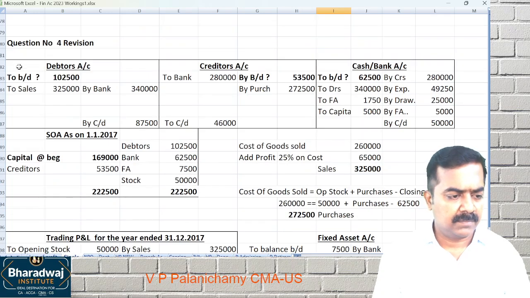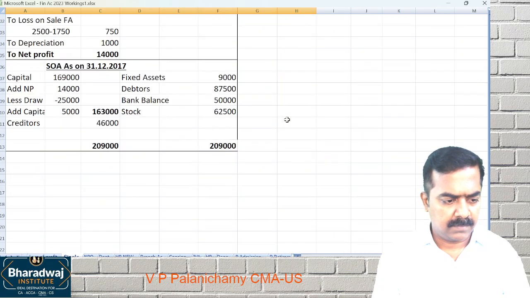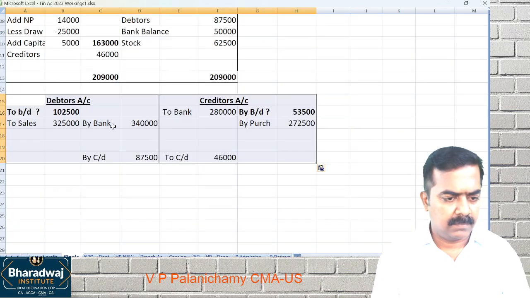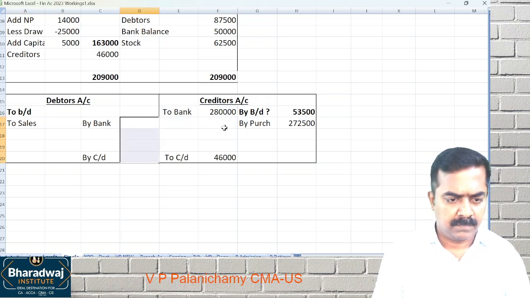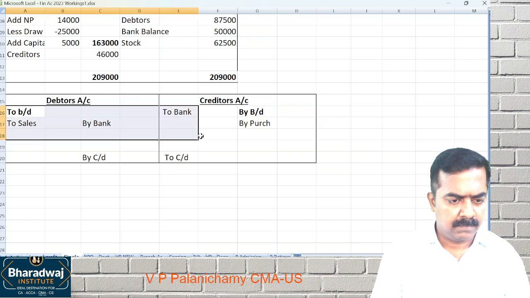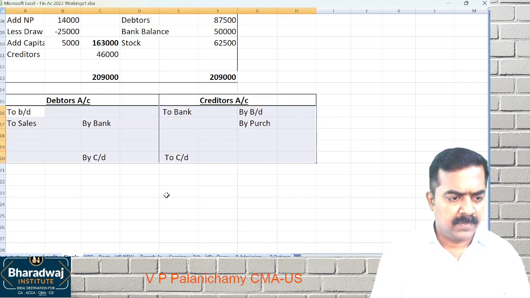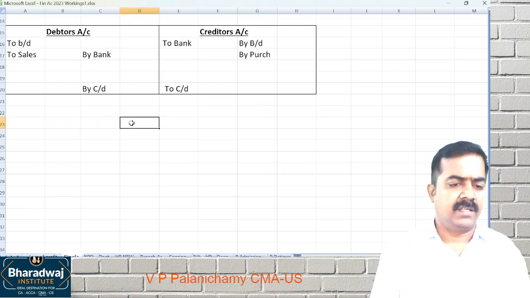Start. Start opening debtors account, creditors account, then cash book with both the columns.